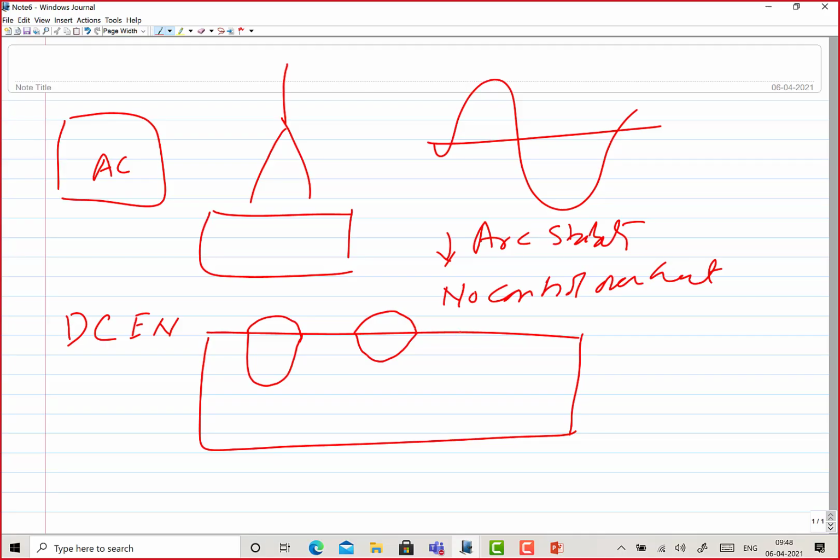And in case of AC, it is in between the two. So as far as the depth is concerned, DCEN is maximum, DCEP is minimum, and for AC it is in between.